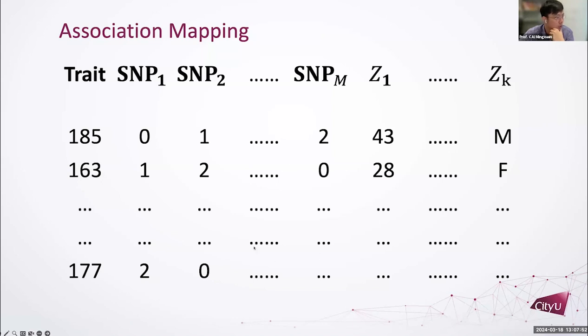What we want to do is to find out the relationship between the phenotype and the genotype here. The SNP is single nucleotide polymorphism, and Z1 to ZK here are some covariates, which can potentially be confounding factors that need to be accounted for when we do GWAS.